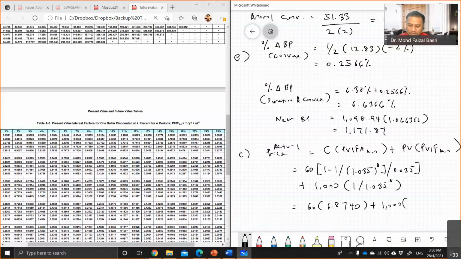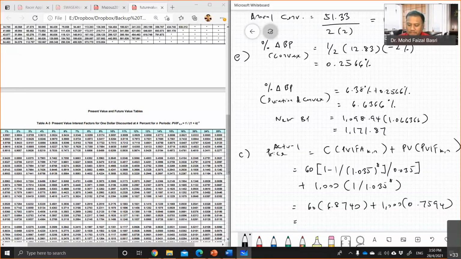The PVIF is 0.7594. So this is what we would use based on this table, but like I said, there's no point in the table. So we have to calculate our interest factors for both PVIFA and PVIF manually.